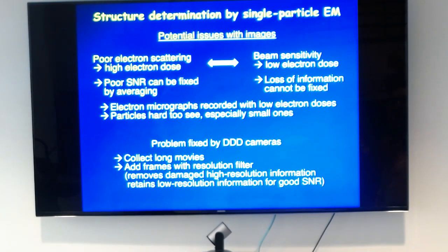But they have been really amazing because first of all, the signal-to-noise ratio, the MTF, the DQE, whatever you want to call it, is much better than with a CCD camera. But not just that, the really big advantage is that we can collect these movies, and that really has changed the field. We used to just take a single image because we couldn't collect movies.